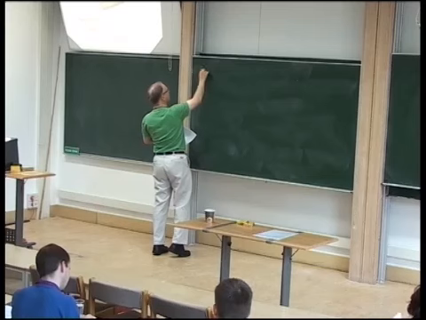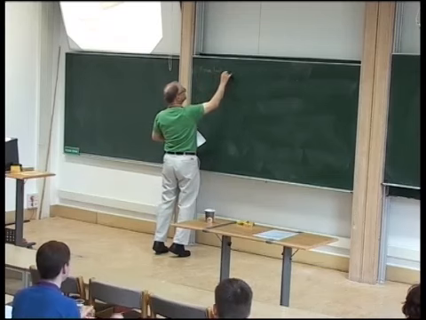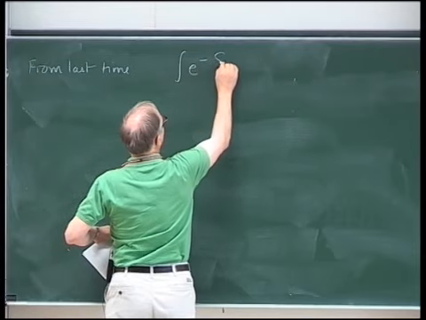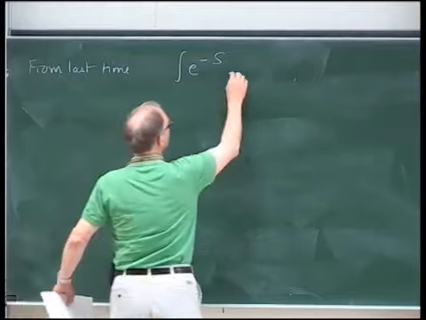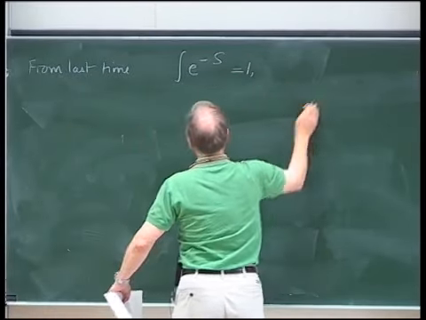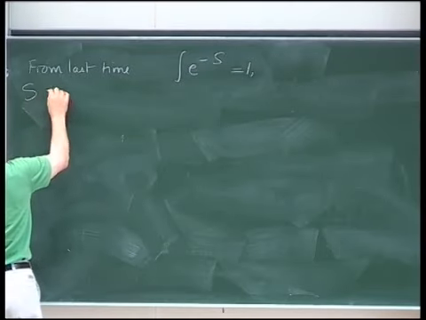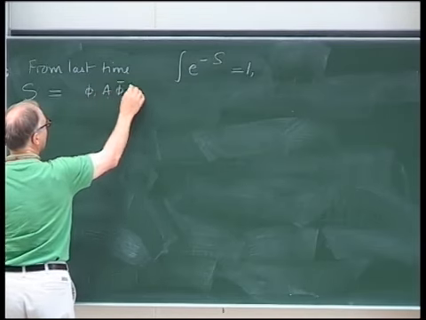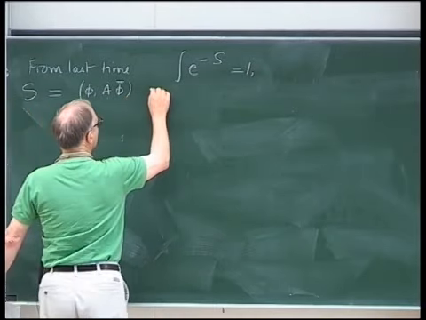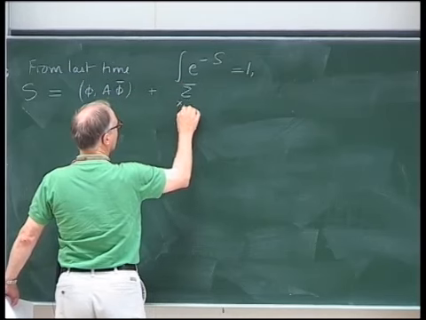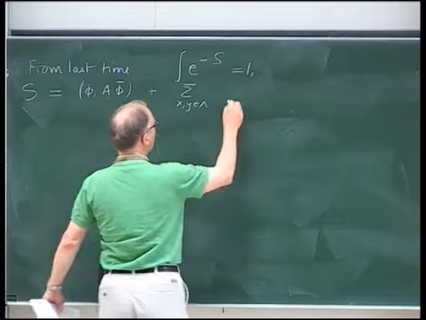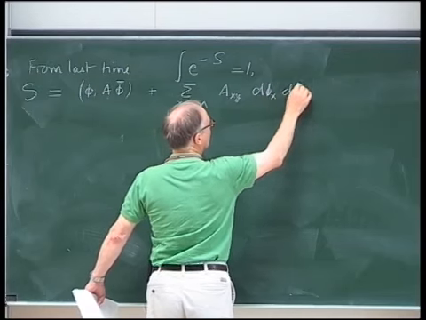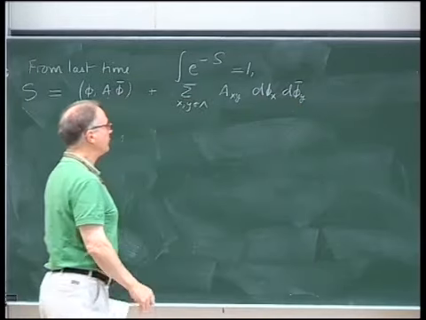So from last time, we discovered that some integrals of e to the minus S turned out to be 1, where the S here was phi a phi bar in a product plus the sum over x and y in lambda of a x y d phi x d phi y with this anti-commuting product.